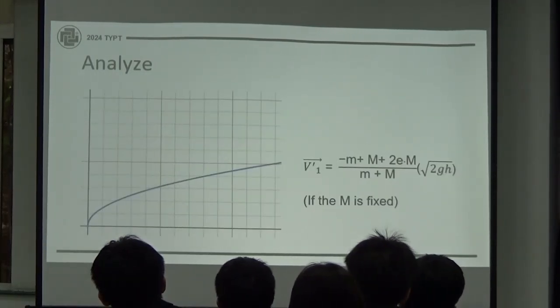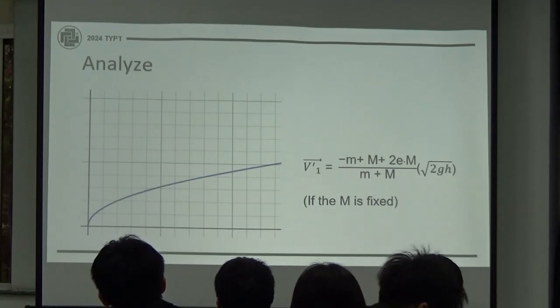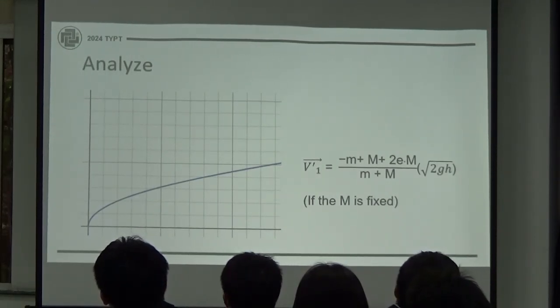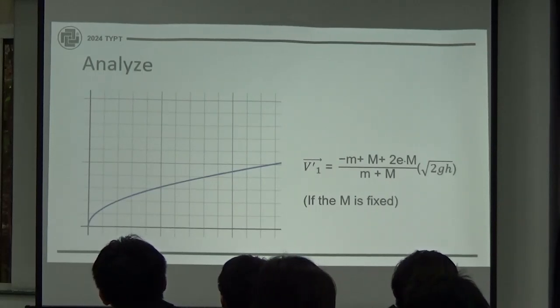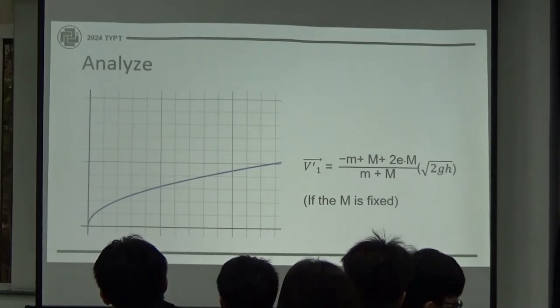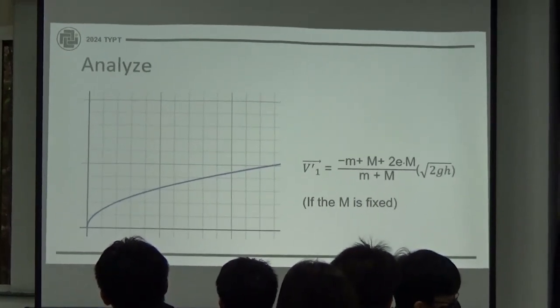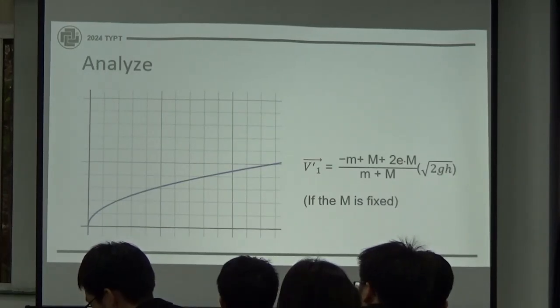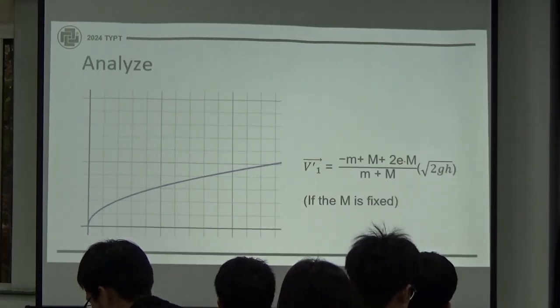And then we try to put this equation into decimals to find out the trend in this equation. It has the condition that the M is fixed while the drop height changes.